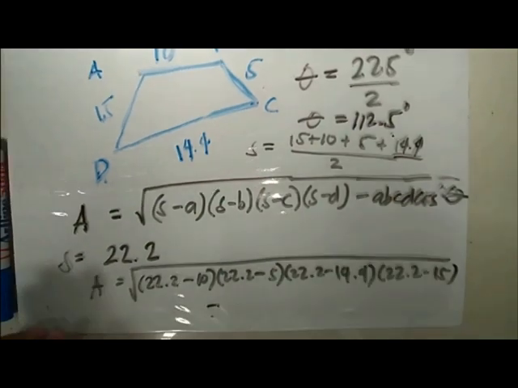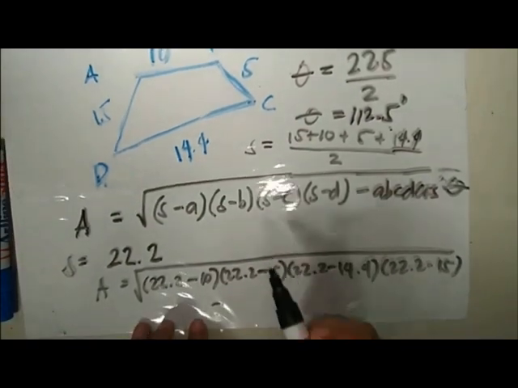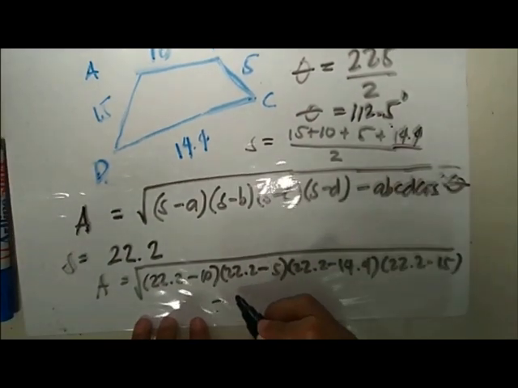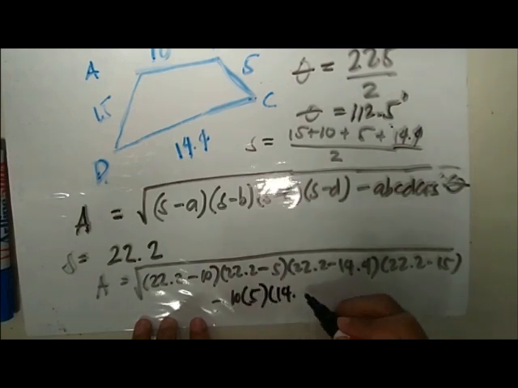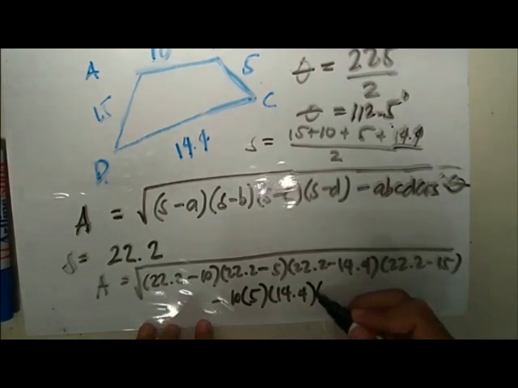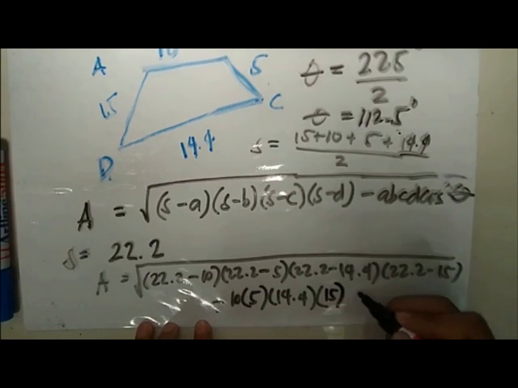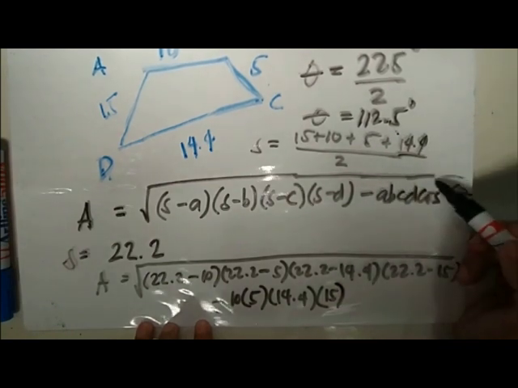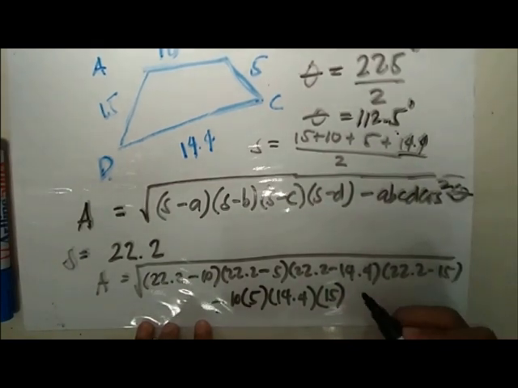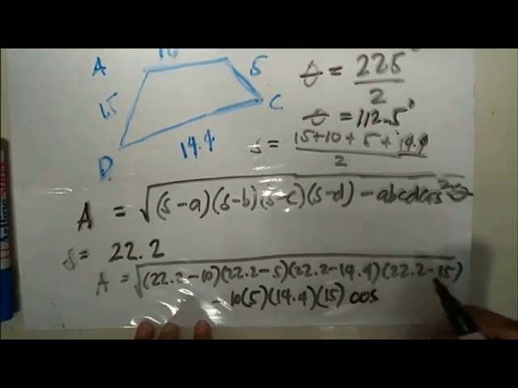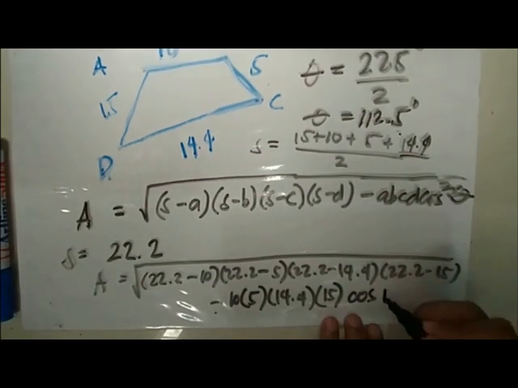Minus ABCD. Nakadugtong siya. So, ABCD: 10 times 5 times 14.4 times 15. Cosine squared ng angle. So, cosine angle natin na 112.5.